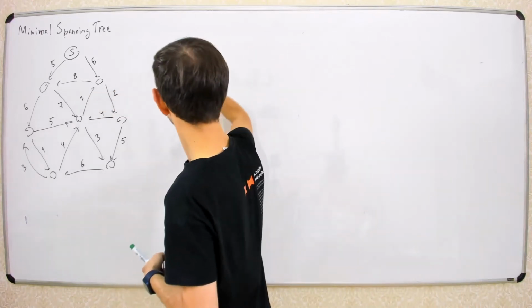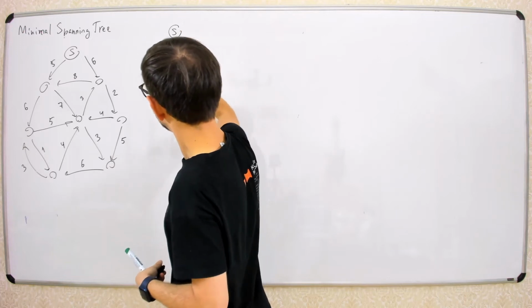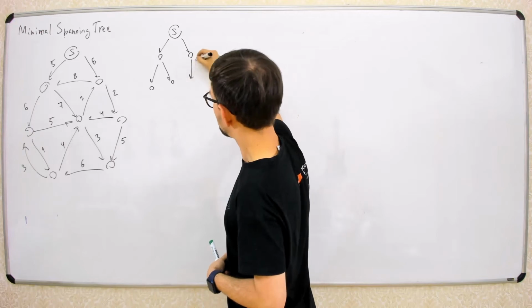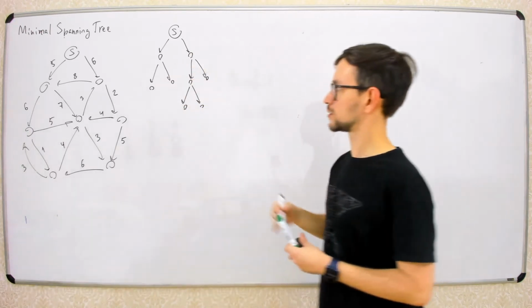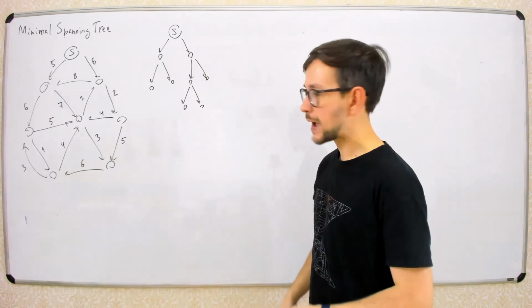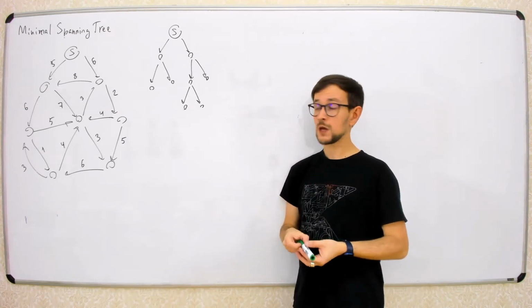I want to find a tree which is directed from S and contains paths from node S to every other node. I want to build something like this. And I want the total cost of all edges in this tree to be as minimal as possible.